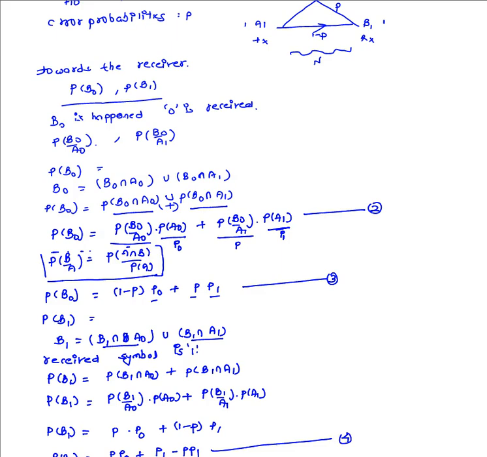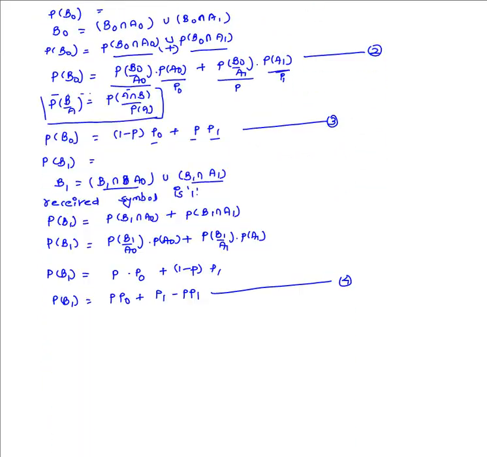So up till now we have understood how to calculate. We have assumed the probabilities P of a naught and P of a1. Later we have understood the correct probabilities, the error probabilities, and the receiver probabilities P of b naught and P of b1. Now finally let us understand the conditional probabilities.